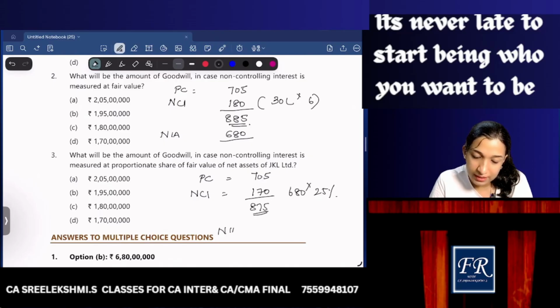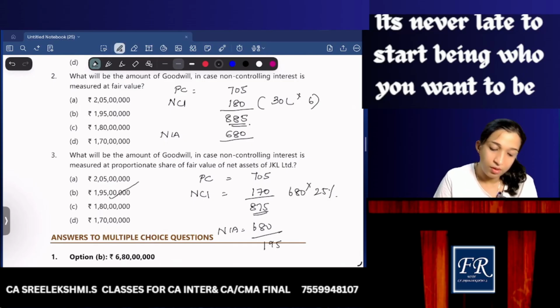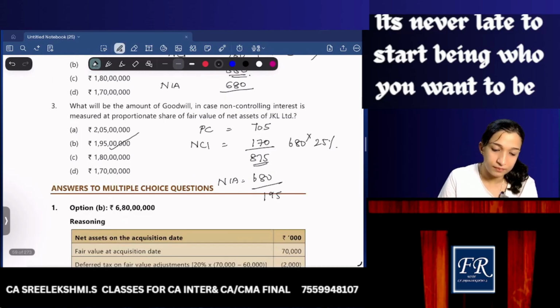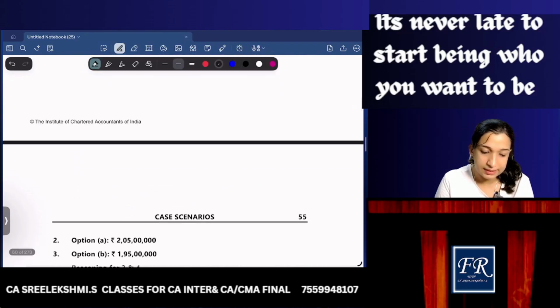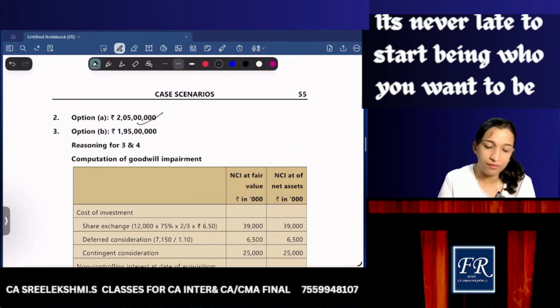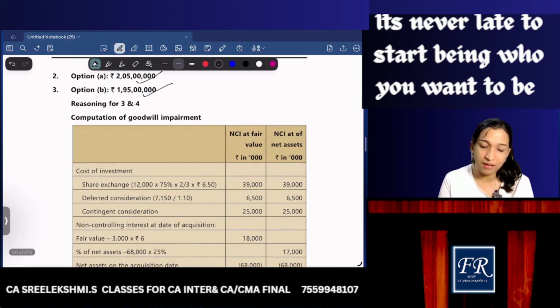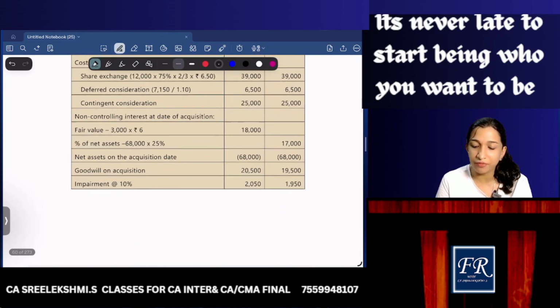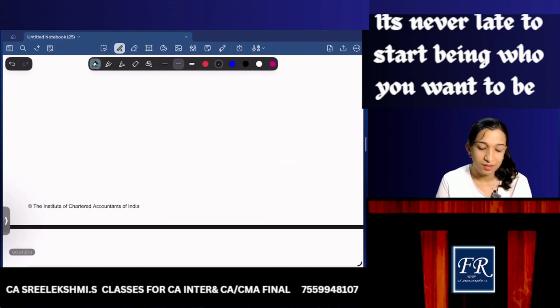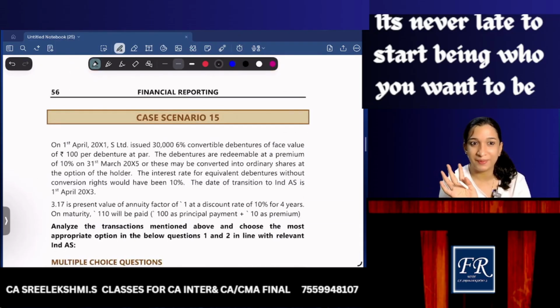Net identifiable assets is 680. So 195. Option B. So 680 lakhs, 205 and 195. But impairment is 10% of this, but that is not asked. I think that is okay, right?